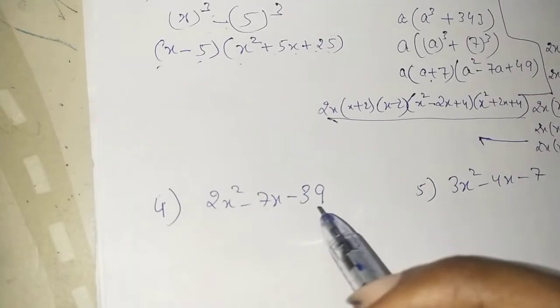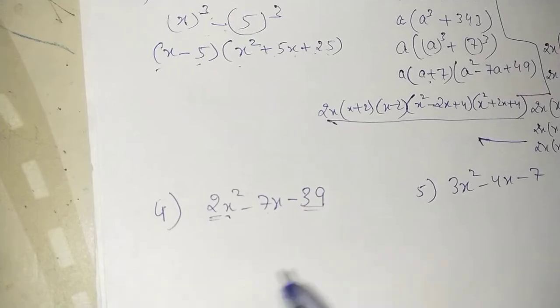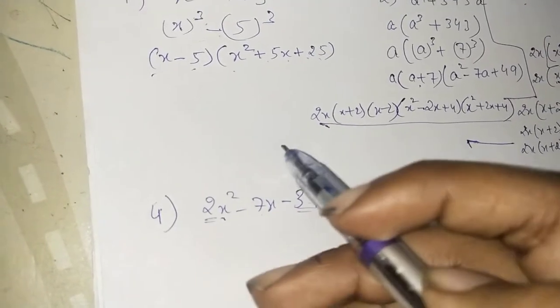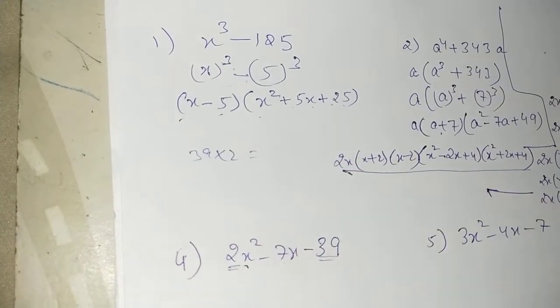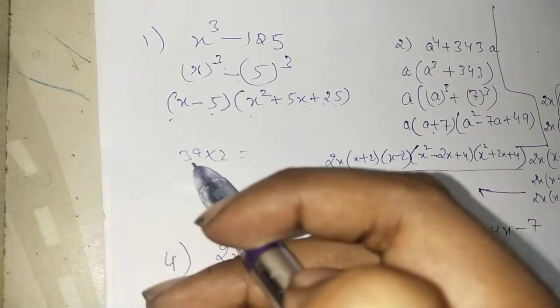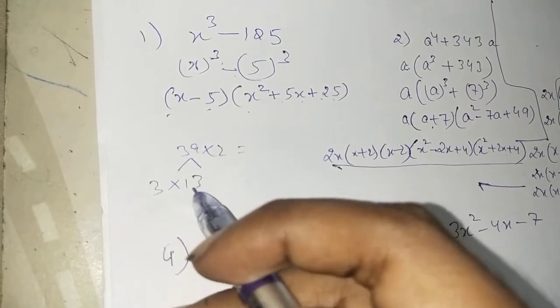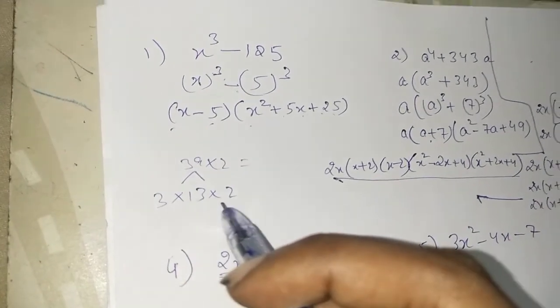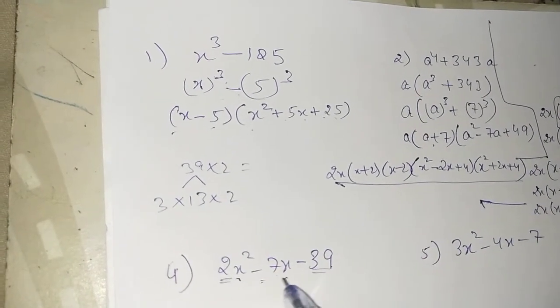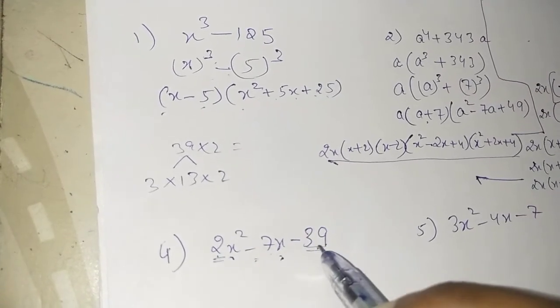If you have to factorize a trinomial, so let's see. For factorizing a trinomial, look at the coefficient of x square and the number part, and multiply them. So that means 39 multiplied by 2. Don't start calculating 78; wait, write it down in its prime factors, and 39 can be written as 3 into 13 into 2. Now we have to obtain two numbers which on addition or subtraction should give us minus 7, and when multiplied should give us minus 39 into 2.